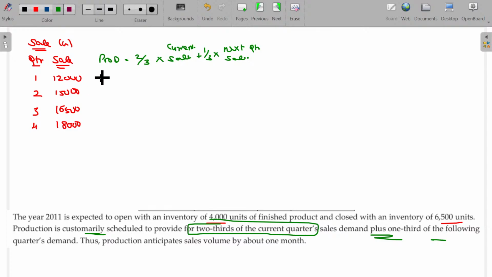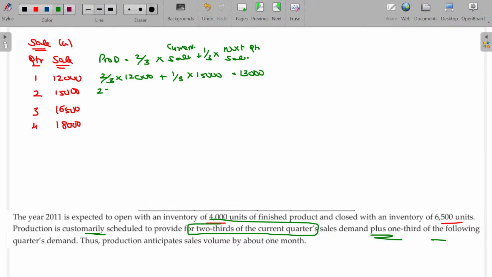So here, out of 12,000, 2/3 is produced in the same quarter, plus 1/3 of the next quarter's units produced. 15,000 into 1/3 being 5,000. So 5,000 plus 8,000, 13,000 units produced.